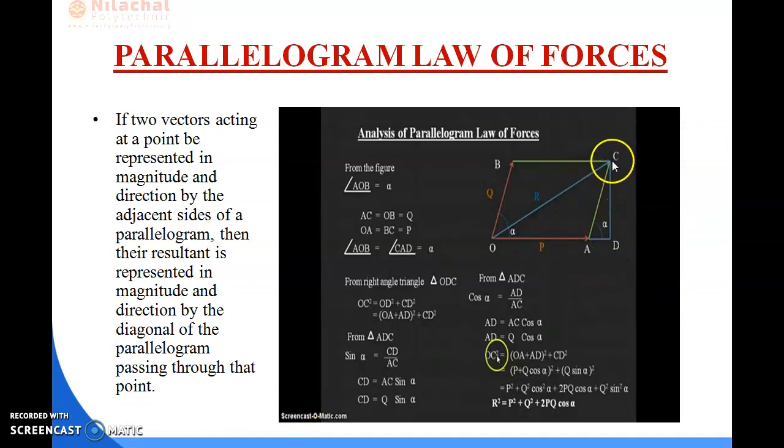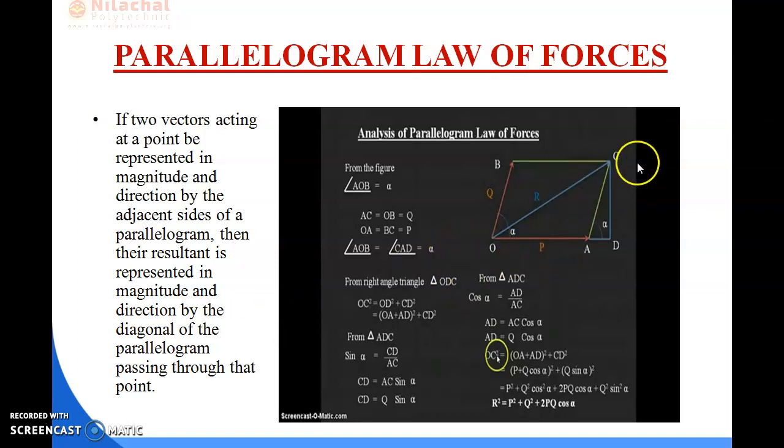So from the bigger triangle ODC we should find OC. We know the formula, p square equals a square plus b square.